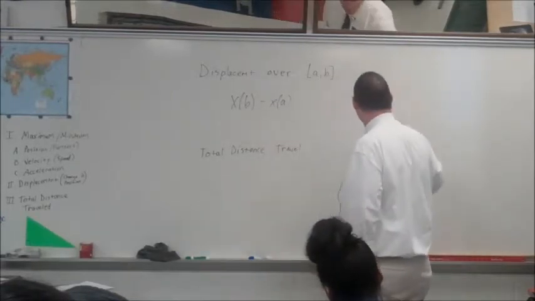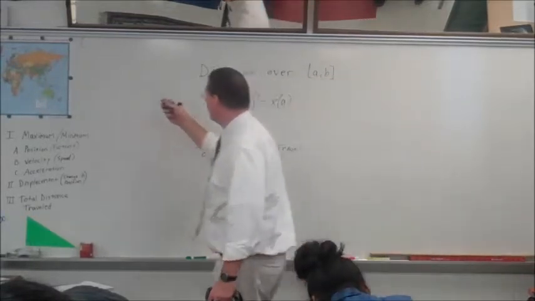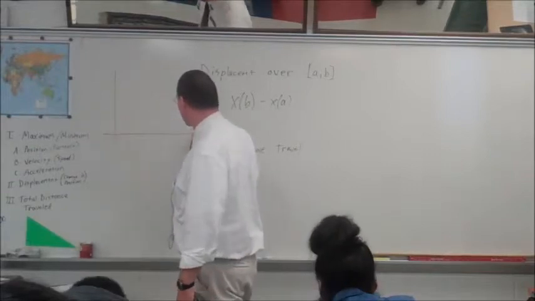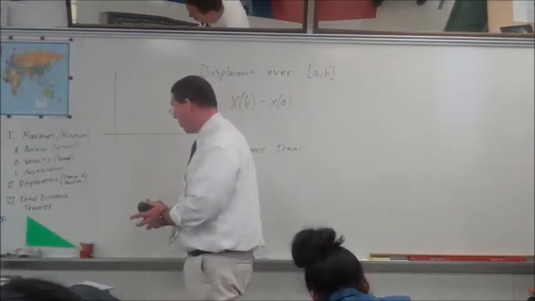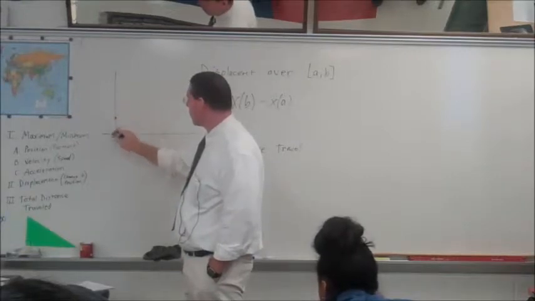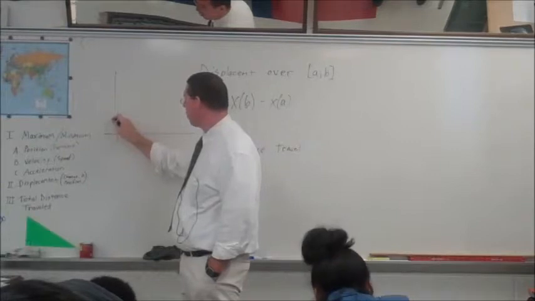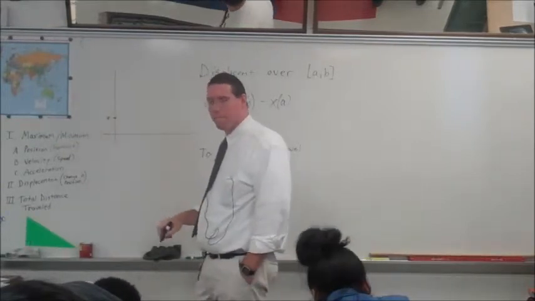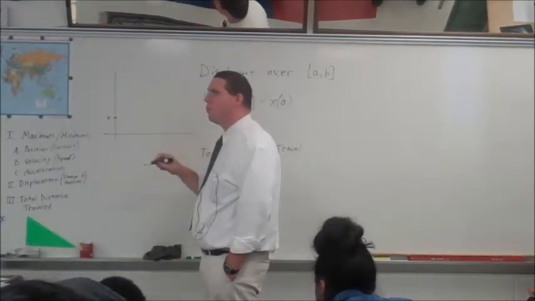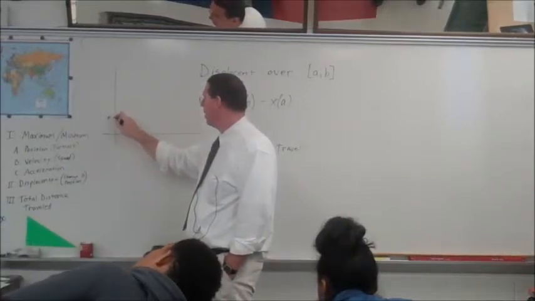Let's say that this graph, let me draw right here, represents an object's position over time. Let's say that first it starts out with a position of 4. And then it moves this way.